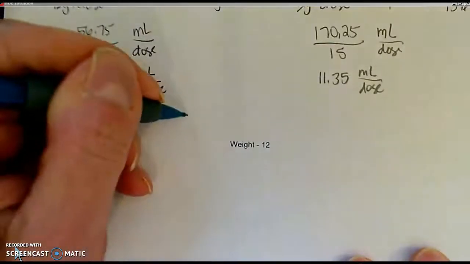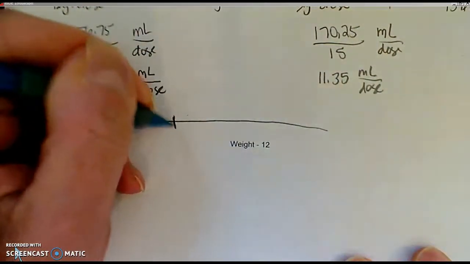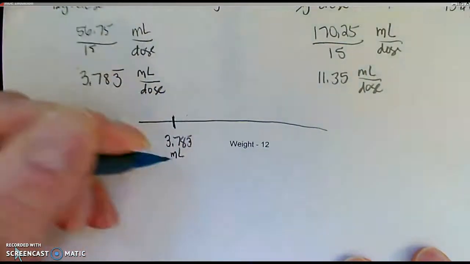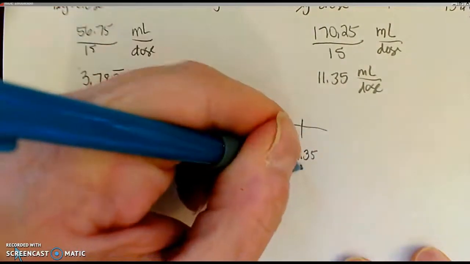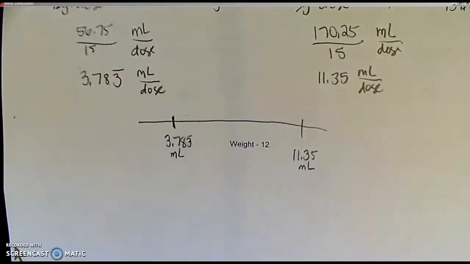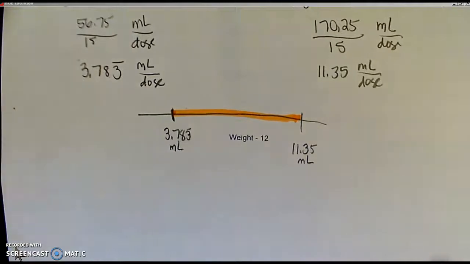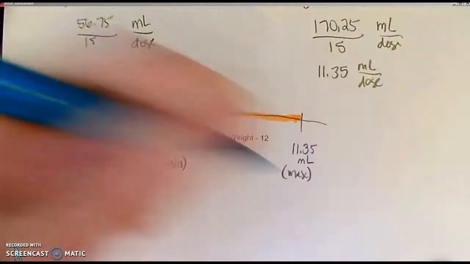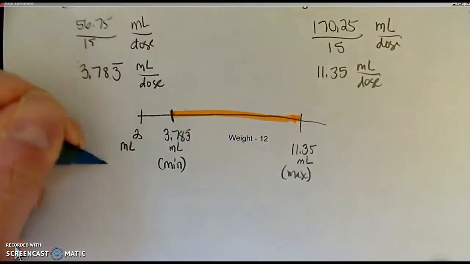If we look at this on a number line, the minimum safe dose is over here at 3.783 repeating milliliters, and the maximum safe dose is 11.35 milliliters. So the safe dosage range is in between these two numbers, but the order is over here at 2 milliliters. That's the order.